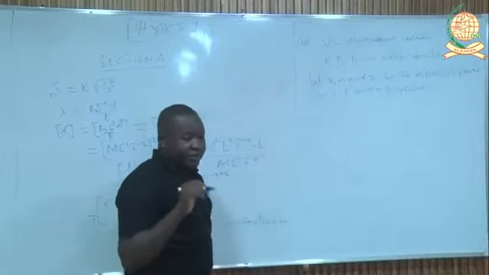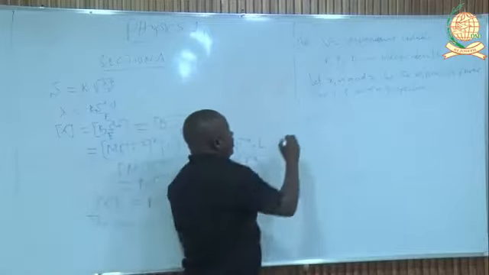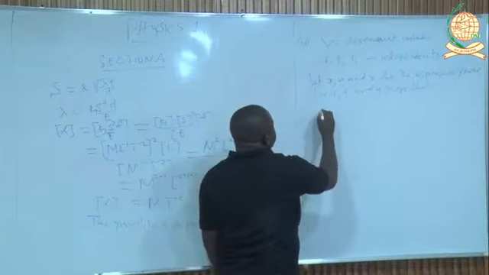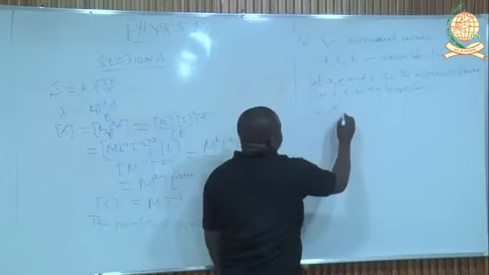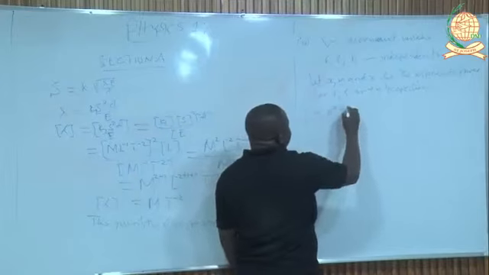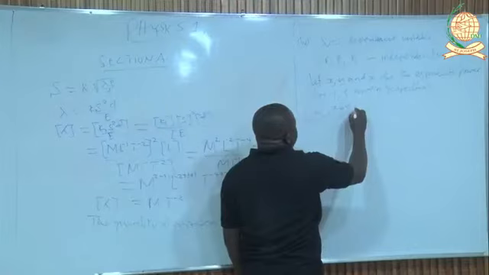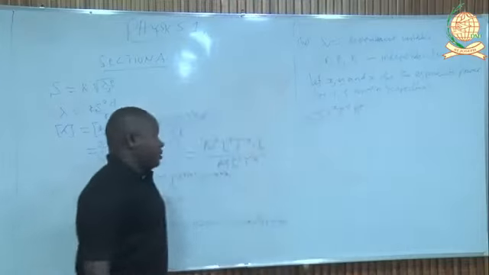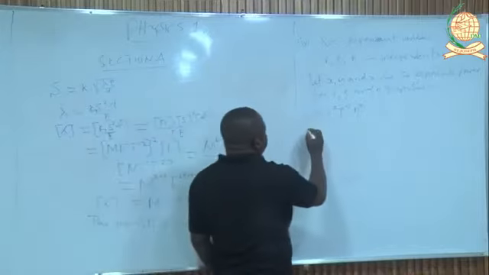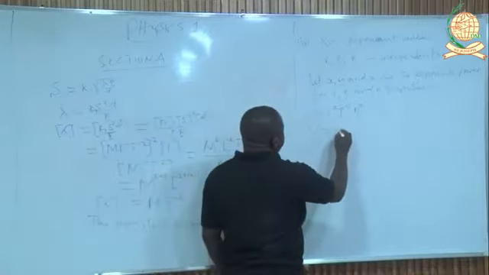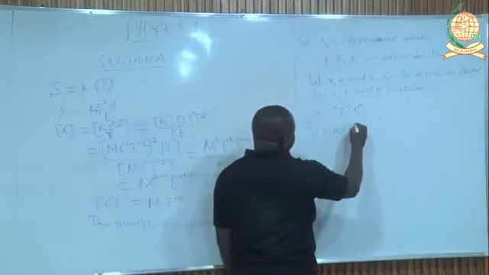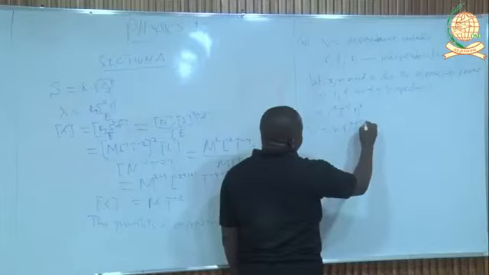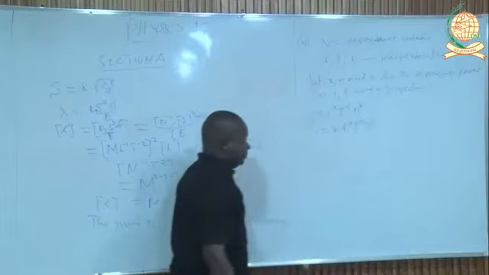Then from the given information, velocity is proportional to r raised to x, rho raised to y, and eta raised to z. Then remove this sign of proportionality by introducing a dimensionless constant k: v = k r^x rho^y eta^z.